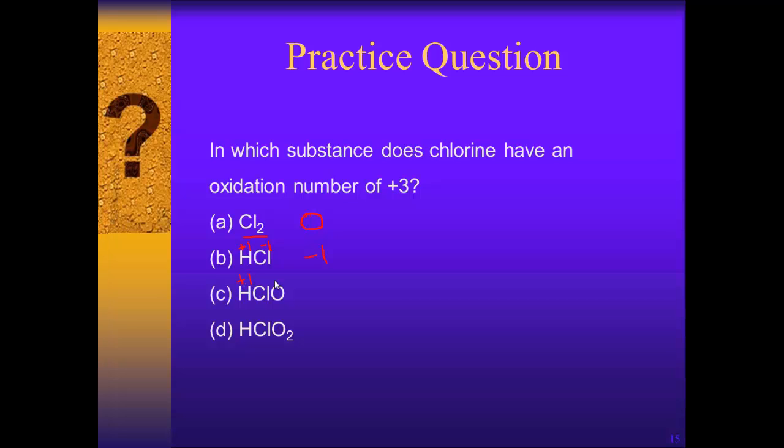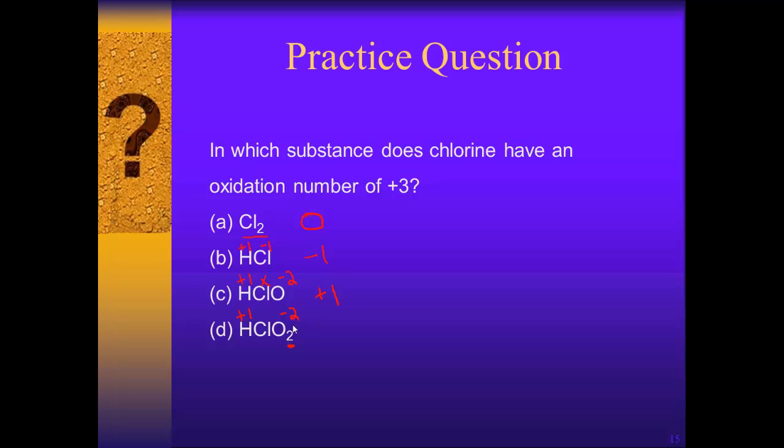Here again, hydrogen +1, oxygen -2. Okay, solving for chlorine, we have +1 plus x -2 has to get us to 0. So chlorine is, that's right, a +1, which means D must be our answer. But let's check it out. +1 -2, but this time there's 2 of those.